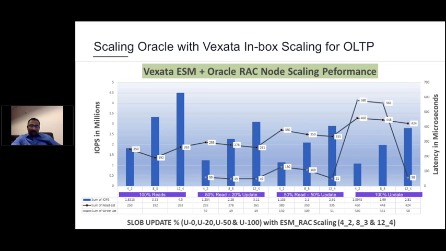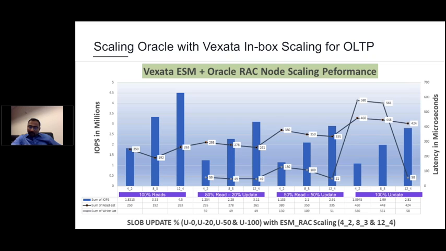You can see that the throughput we're able to get pretty much scales linearly. You can start with as low as 1.5 million with 2 servers and hit something like 4.5 million IOPS out of 4 servers. So you get a linear scaling in IOPS.